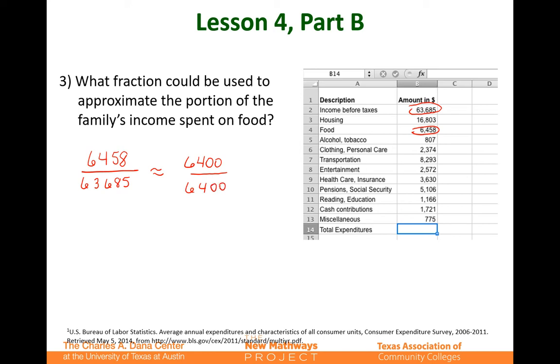I know that's not perfect rounding, but I just want you to see that's about 10%. Again, these are approximations. Oh, then what fraction? If we want 10% as a fraction, then I should have said just 1/10. So there's the answer to the question the way they asked it.